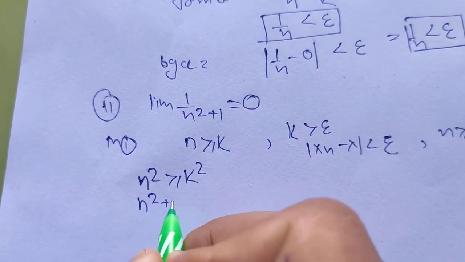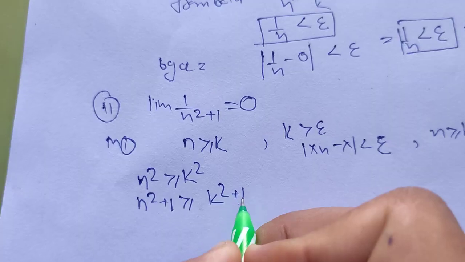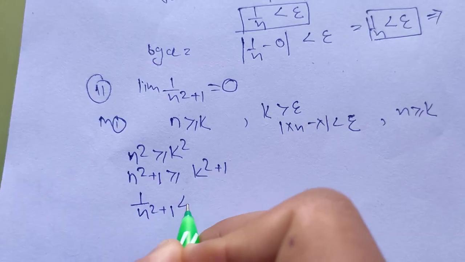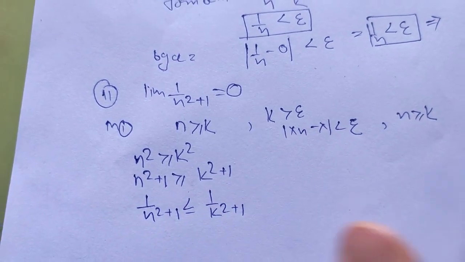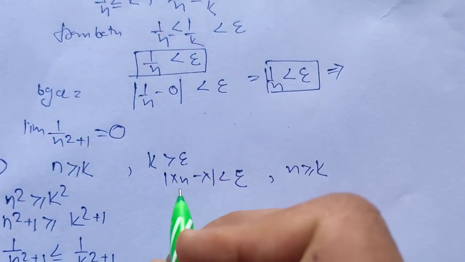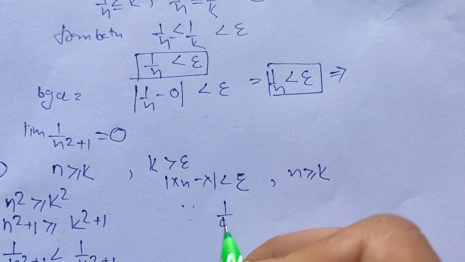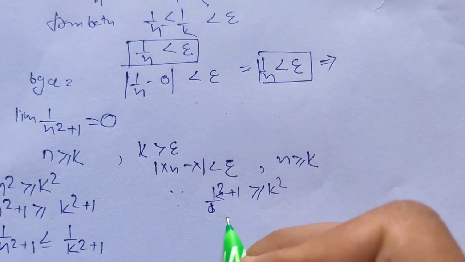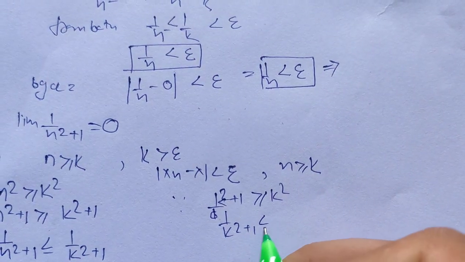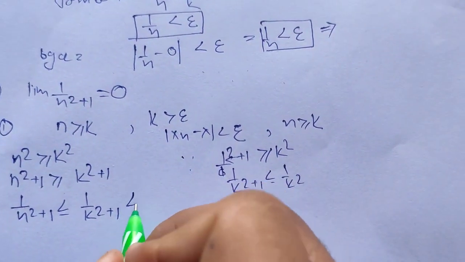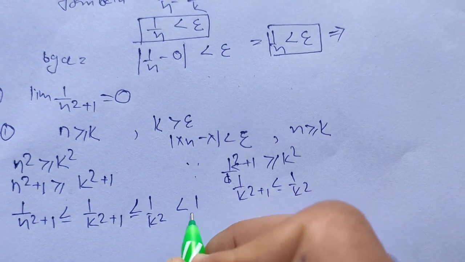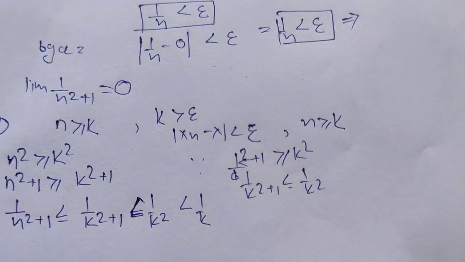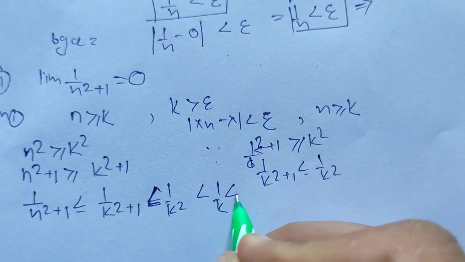If we add 1 on both sides, n square plus 1 is greater than or equal to k square plus 1. Taking the reciprocal, 1 upon n square plus 1 is less than 1 upon k square plus 1. Also k square plus 1 is greater than k square, so 1 upon k square plus 1 is less than 1 upon k square, which is less than 1 upon k, and 1 upon k is again less than epsilon.